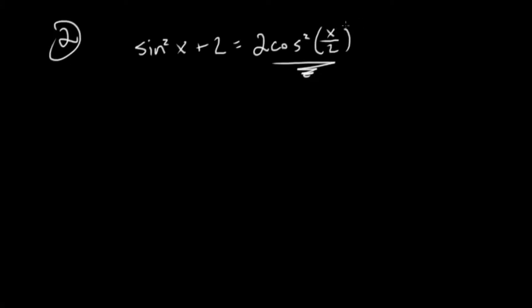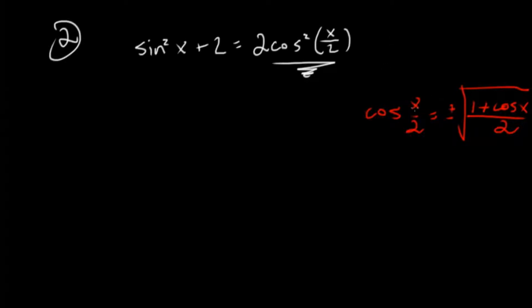So cosine squared x divided by 2, let's remind ourselves what the half angle formula for cosine is. Cosine x divided by 2, that's going to be the plus or minus the square root of 1 plus cosine x all divided by 2. But we are looking at the square of cosine.